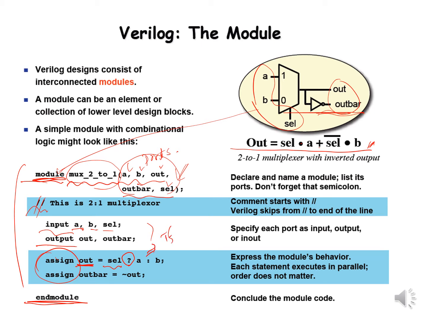So if sel equals 1, then out is A, else out is B. This is the same as the if statement. So if sel is high, then we assign A to out. If sel is 0, then we assign B to out.